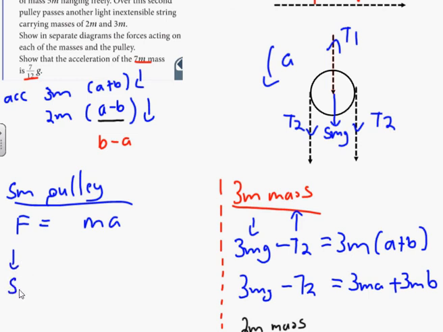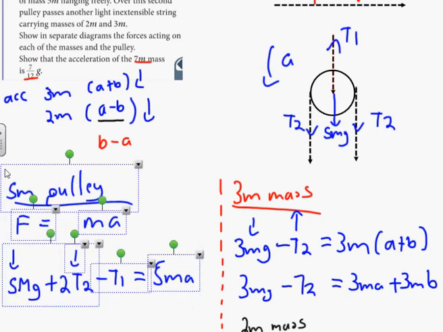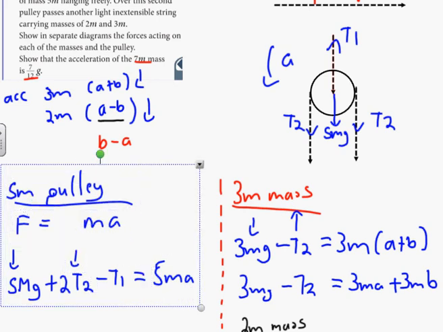Any other downward forces to complement it? 2 T2s. Something to take away from that downward force? Minus T1. And then finally equals 5 ma, because it's your mass times your acceleration. Okay, so that's another equation. So we're up to 3, and we only have the fourth one left.